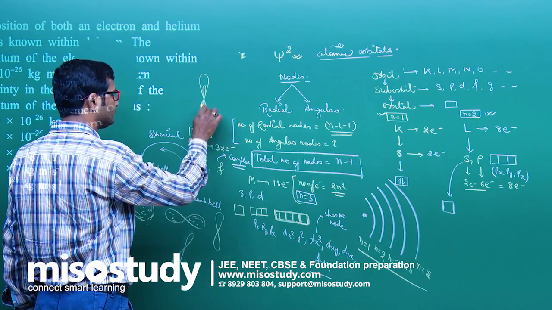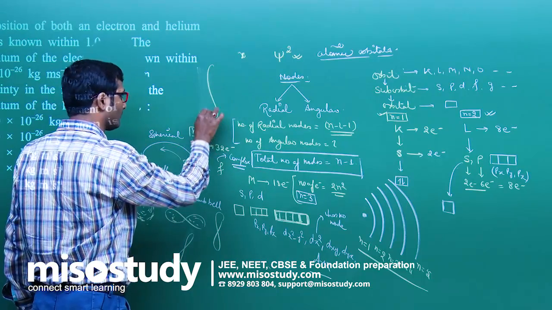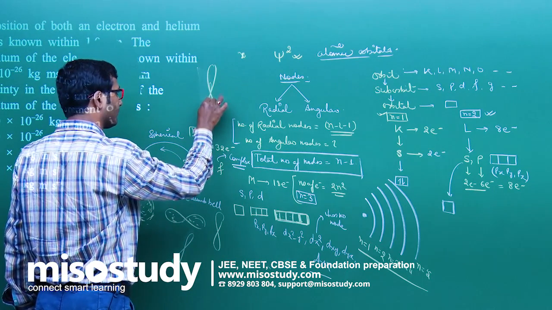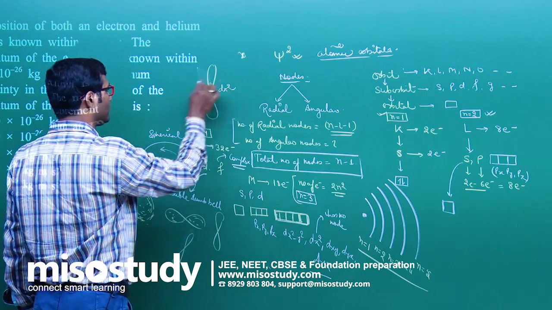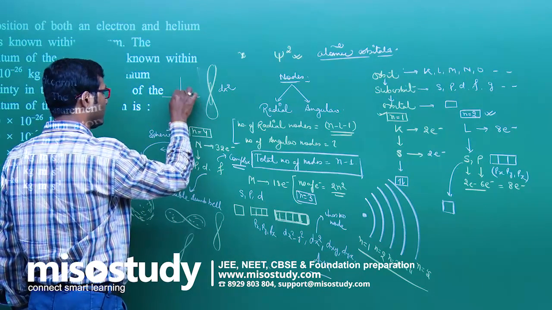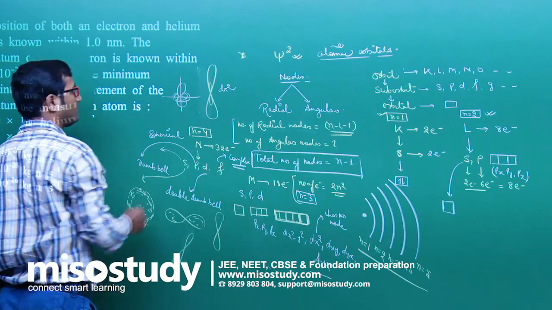All are equal. This is dz square. Or it can also be written like this.